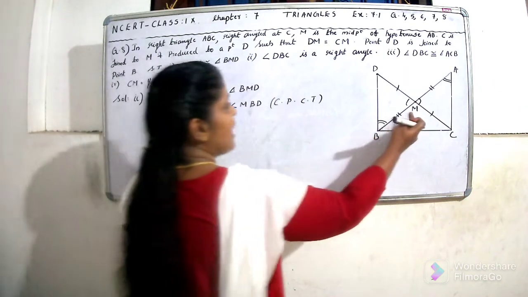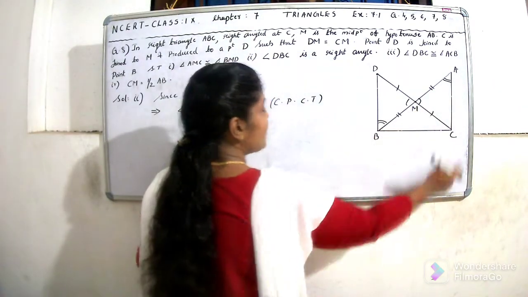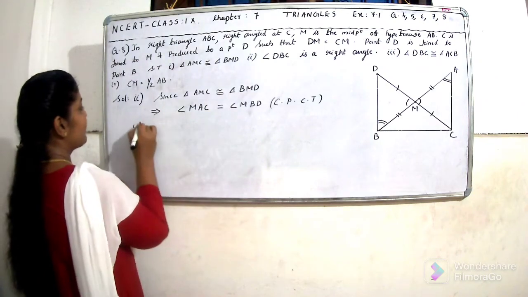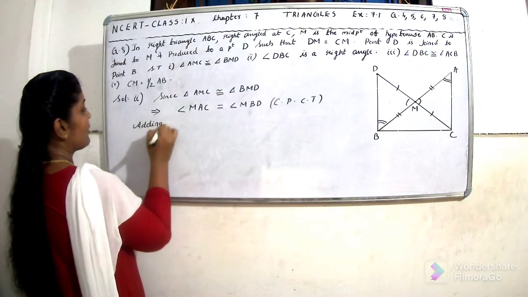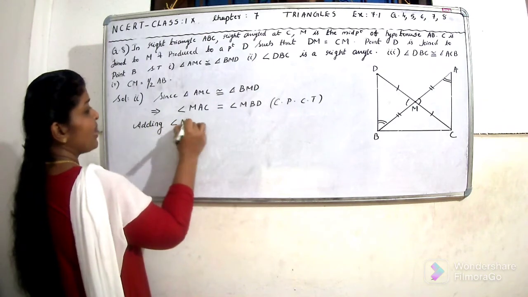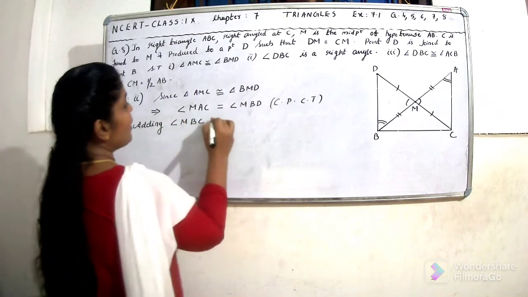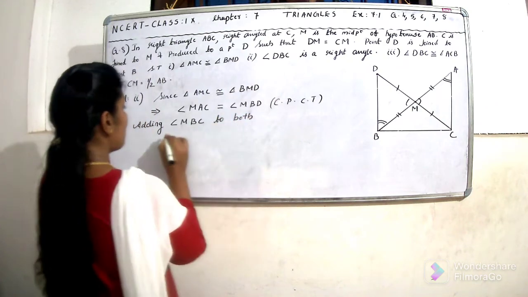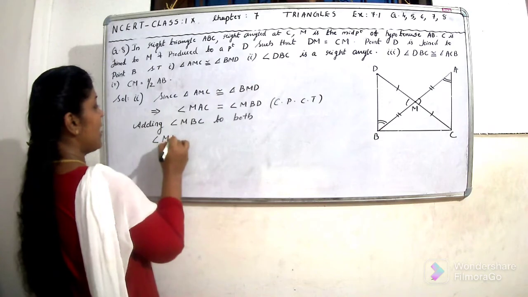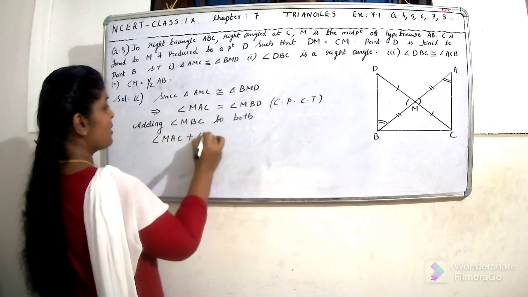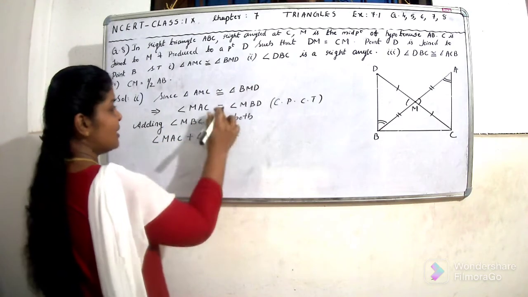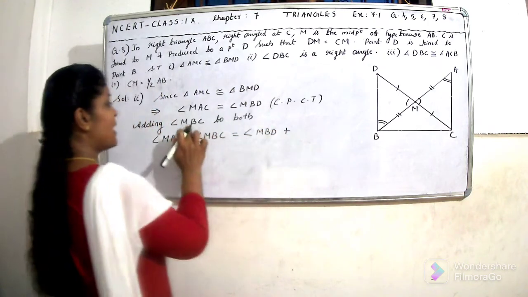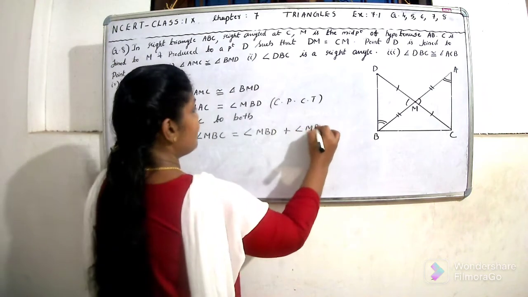So we add angle MBC to both sides. Here angle MAC plus angle MBC is equal to angle MBD plus angle MBC.